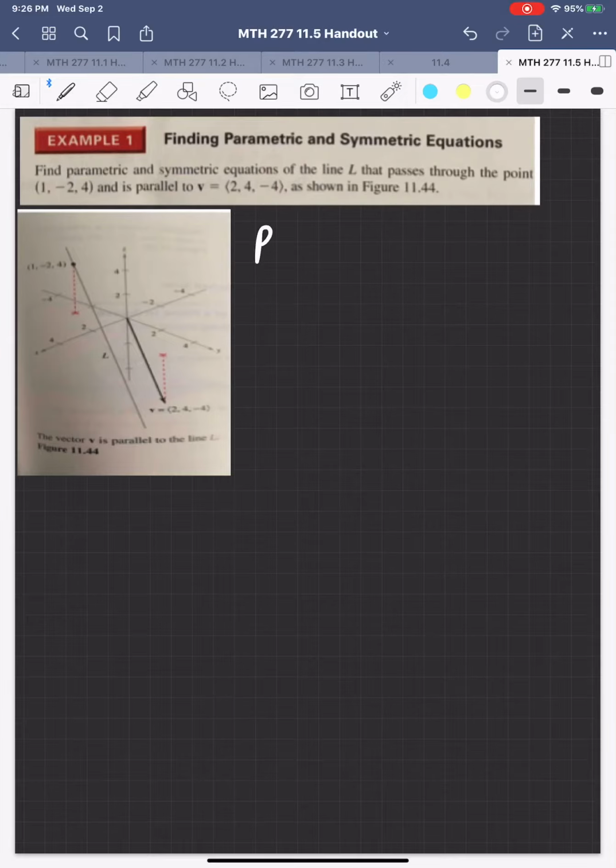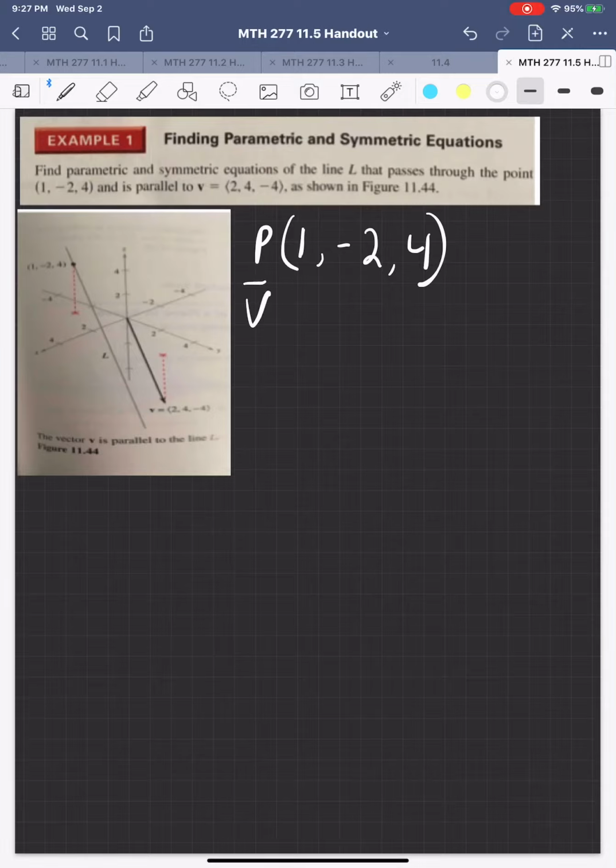We already have point P is 1, -2, 4. And we didn't have to find a vector parallel to the line. That was given to us.